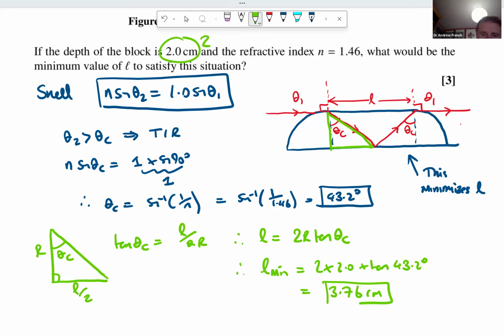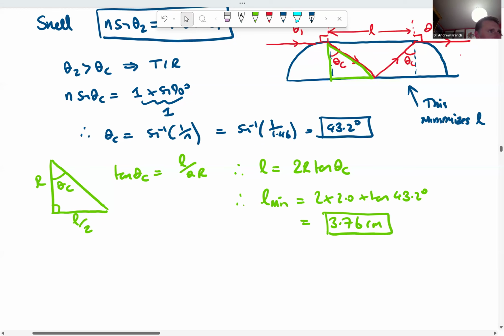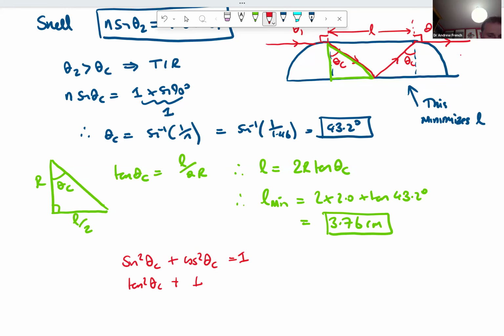Of course, you might want to write that not in terms of theta c, and we can use a trig identity. Sine squared theta c plus cos squared theta c equals 1, and we want tan theta c. Apologies, other way around.